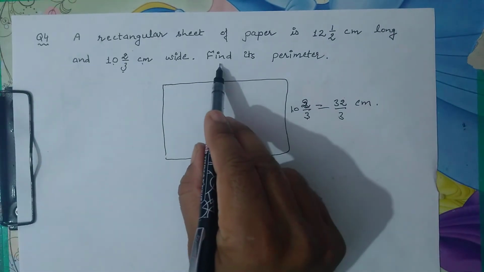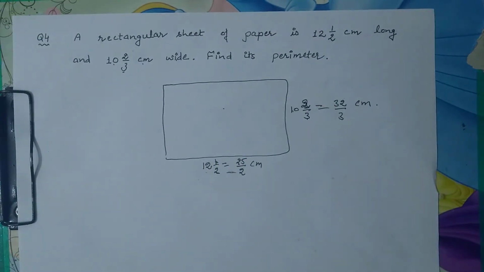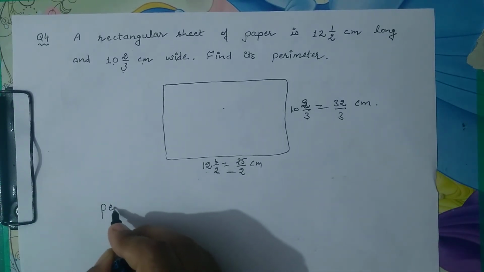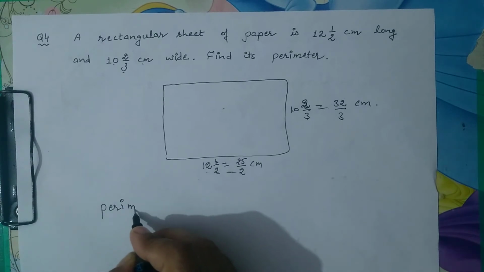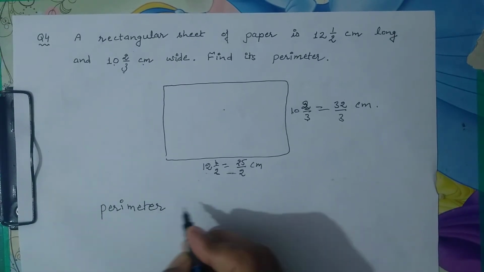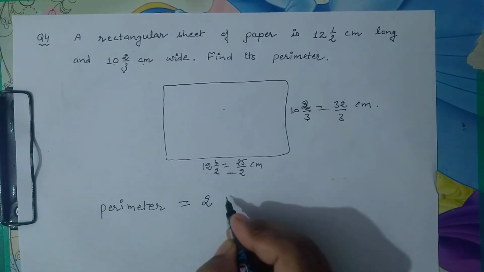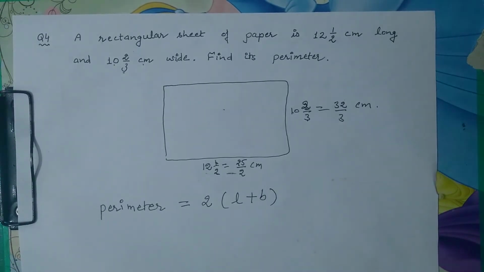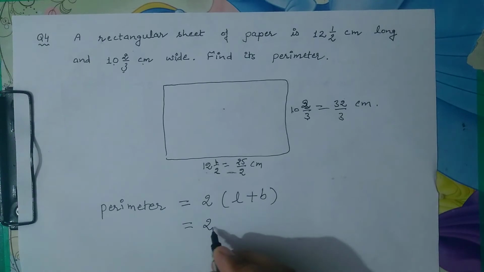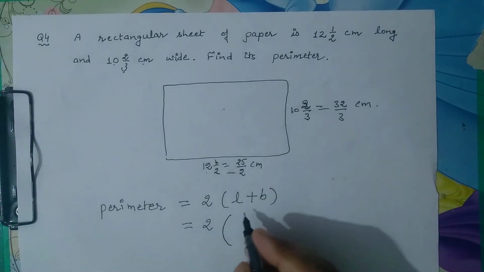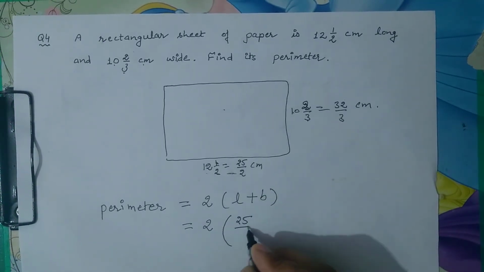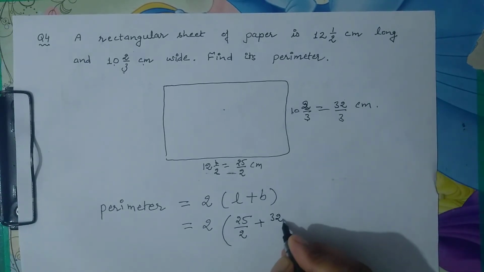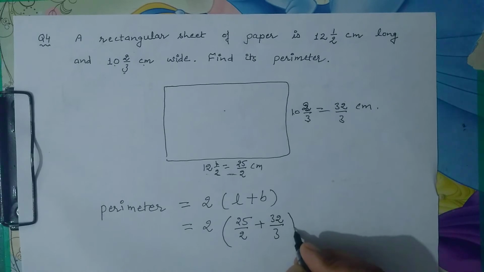What is the question? Find its perimeter. So what is perimeter? Perimeter is equal to 2 into length plus breadth. So this is equal to 2 into, L is 25 upon 2 plus breadth is 32 upon 3.